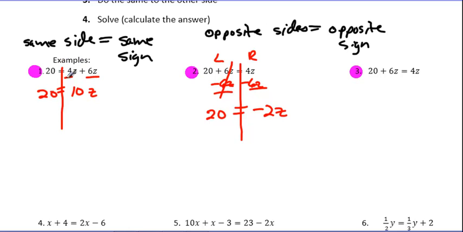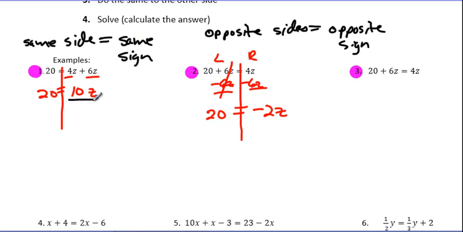To review, in example 1, the z's were on the same side, so I did what the sign told me to do, which was add. In number 2, they were on opposite sides, so I did the opposite of that sign to get these two things together. Let's go ahead and solve these now.